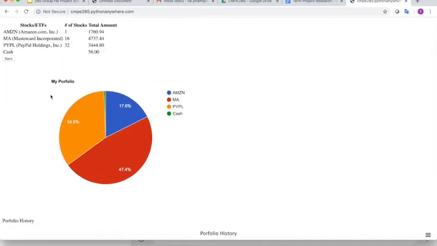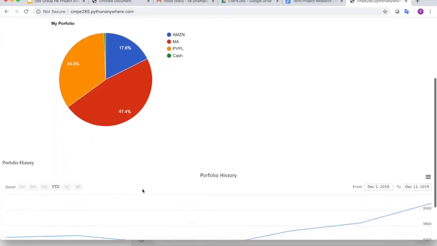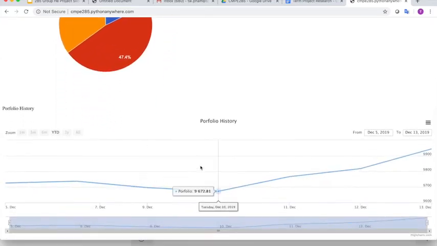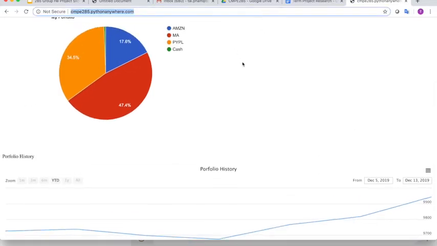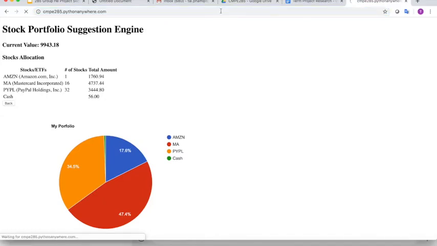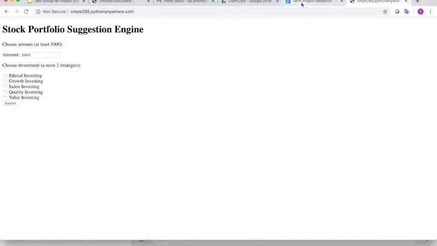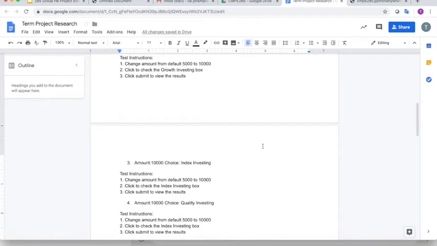Here is the graphical representation of our portfolio, and when we go down, we will see the portfolio history for the last 5 days.